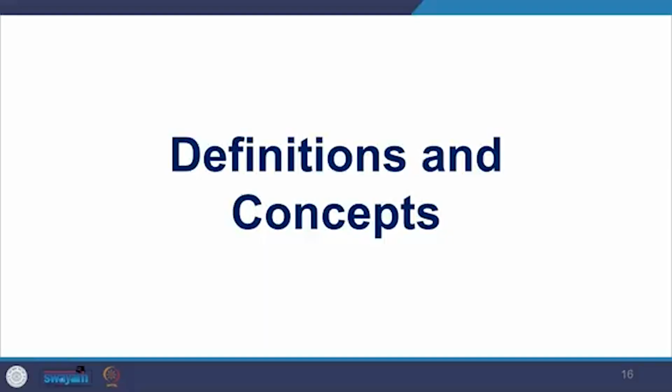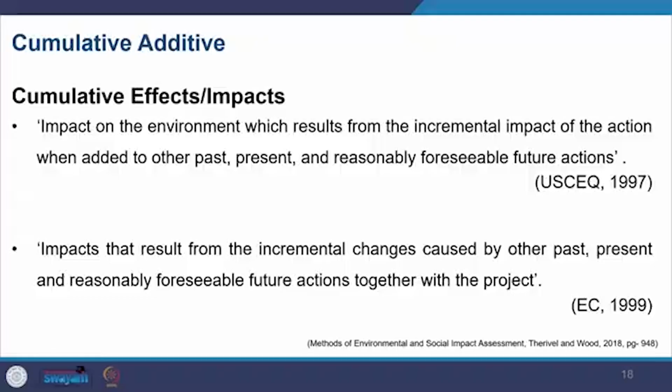Looking into definitions and concepts, first we look at what cumulative, additive, and synergetic effects are. The impact on the environment which results from the incremental impact of the action when added to other past, present, and reasonably foreseeable future actions is what we call cumulative.